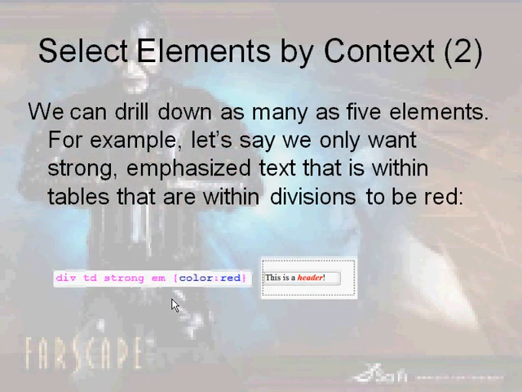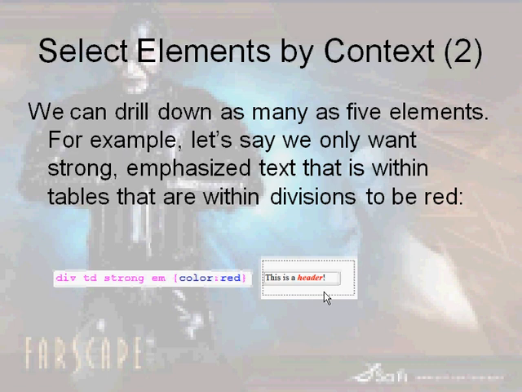We can drill down to as many as 5 elements. For example, let's say we only want strong emphasized text that is within tables that are within divisions to be red. Here's my example. At the bottom right, this is a header. That would be the text that is inside of this TD, which is for table data, which is inside of a table, which is inside of a division.